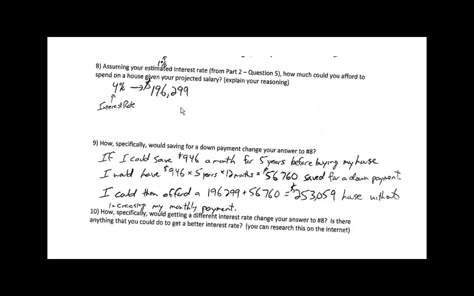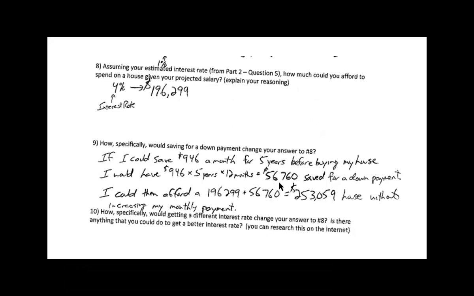But what I could do, if you guys remember from part 2, is I could save for a down payment. Now, what I have here is a solution that I came up with, that if I took that $946 a month and I could actually bank that, I could save that for 5 years. I'd have over $50,000.